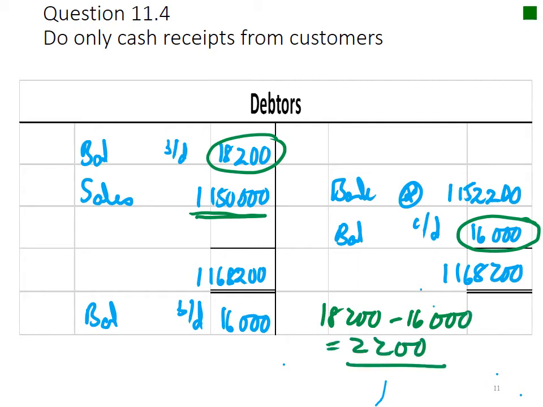And if you took that 2,200 and added it to the 1,150,000, you get to this answer as well, 1,152,200. So remember, when the debtors balance decreases, it's like customers paying us. So that's a cash receipt of 2,200, and the full sales amount then we just add to that to get the total receipts.